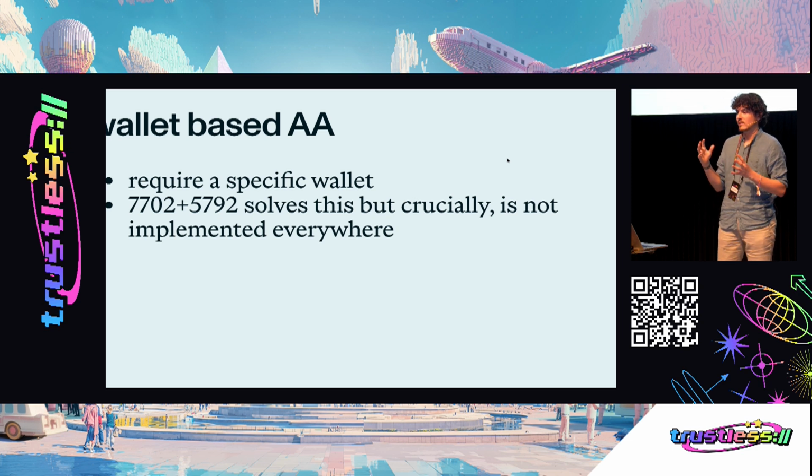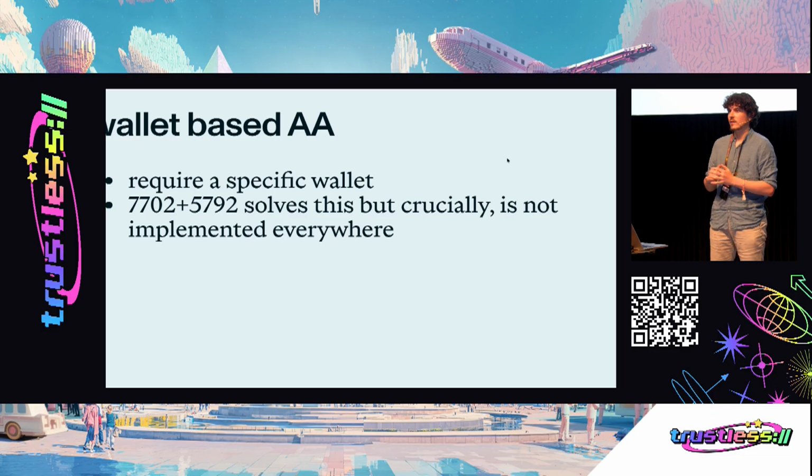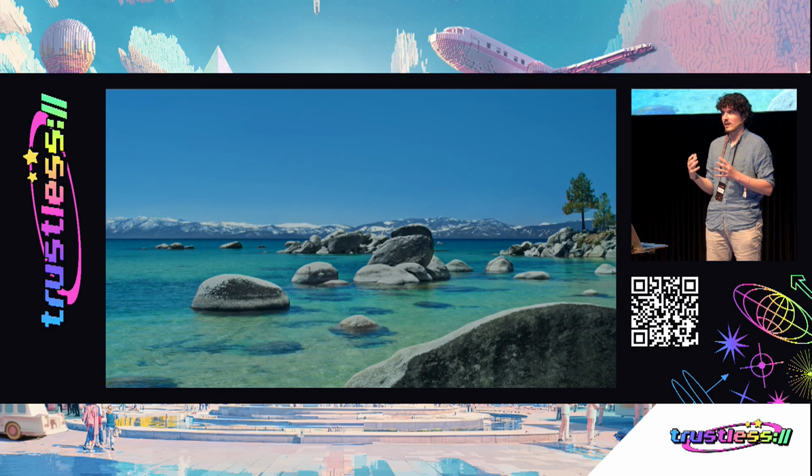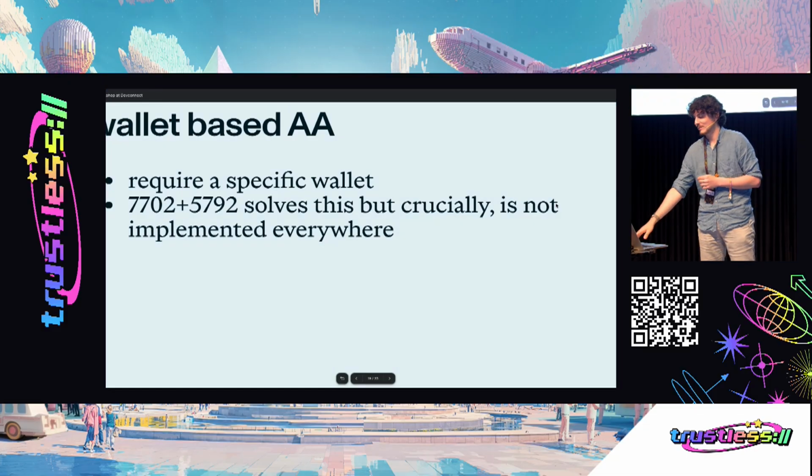We want to be globally inclusive, and even if the biggest wallets support 7702, that is not 100%. It's never going to be 100% in terms of getting an ideal flow, but we'd much rather be on the higher end of maybe 90% or more.